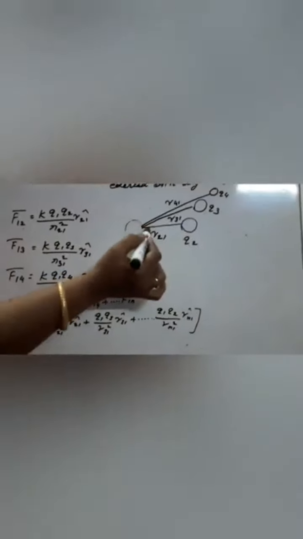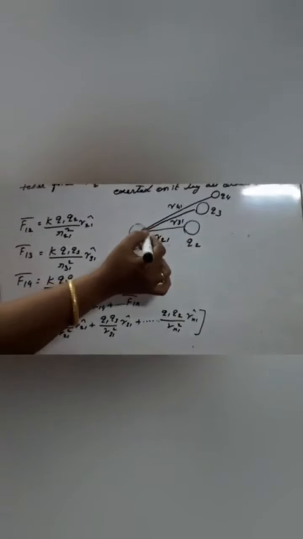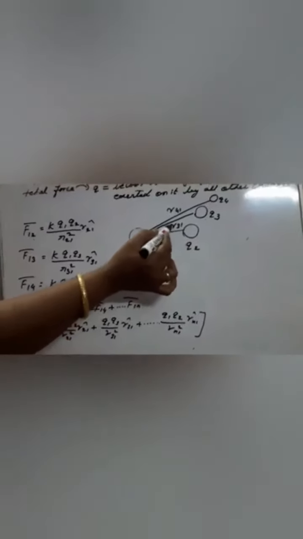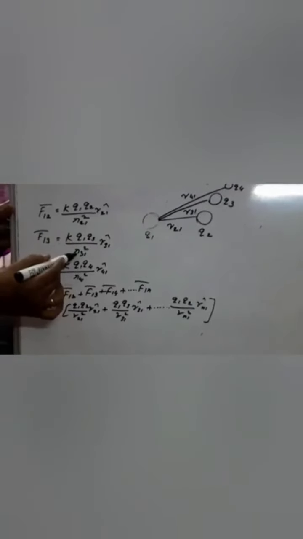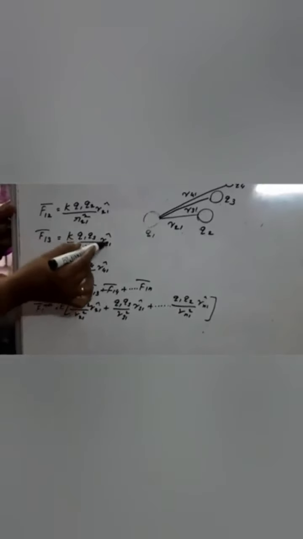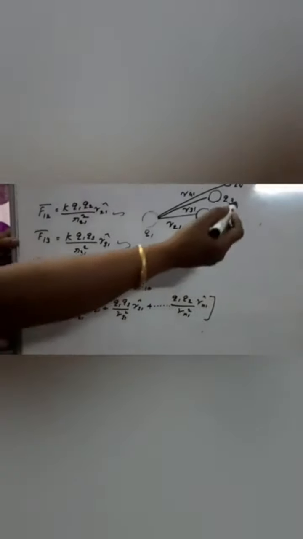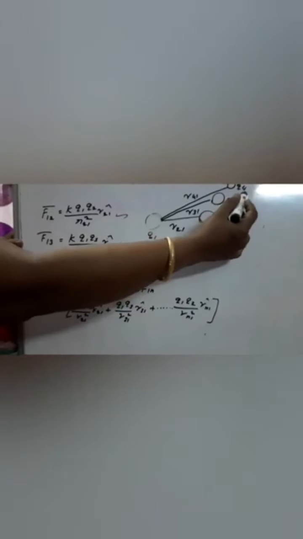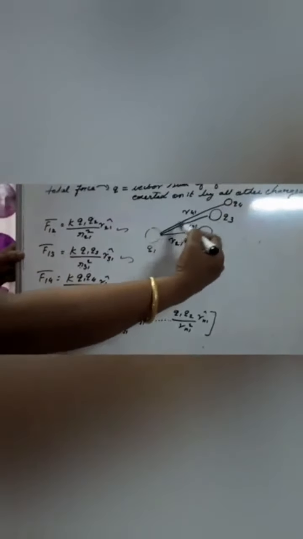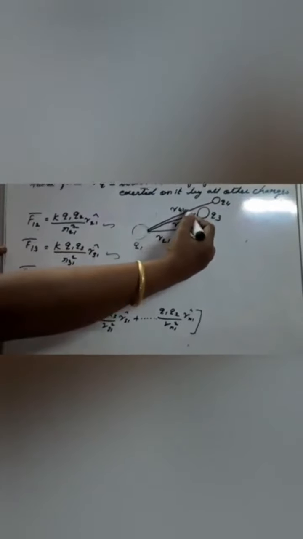Imagine there is another charge Q3, which is kept at a distance r31 from Q1. Here we write the force F13 equal to K into Q1 Q3 divided by r31 square r31 cap. Next, another charge, it may be Q4, which is kept at a distance r41.